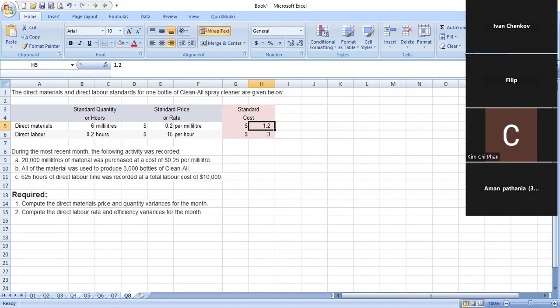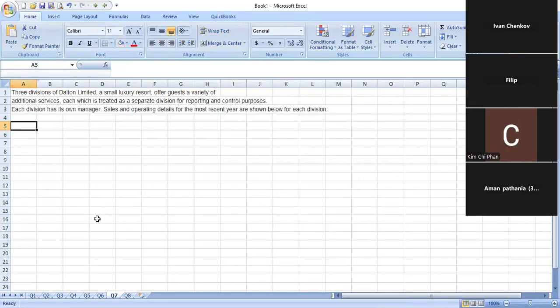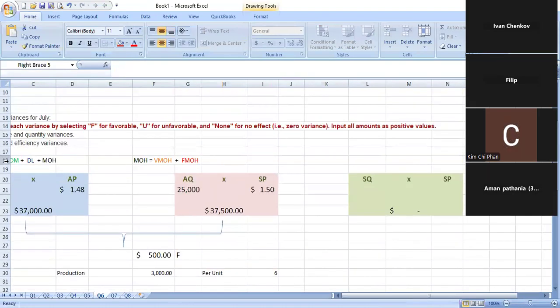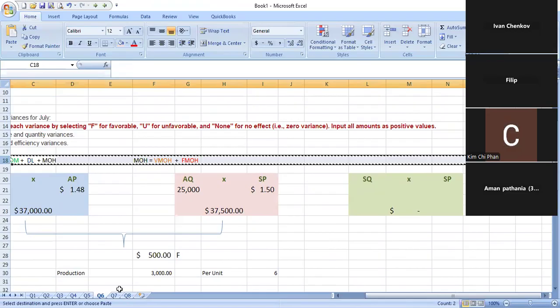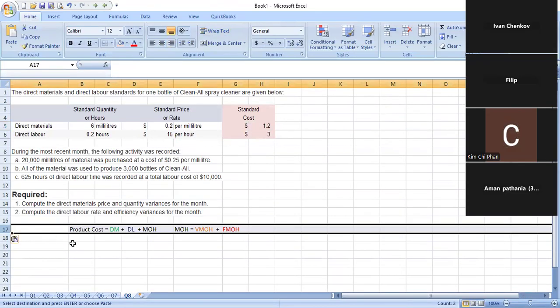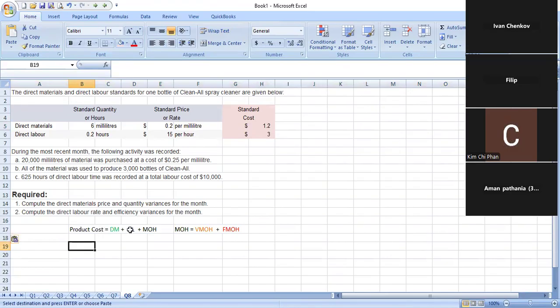So let's see now. Here in this question, obviously we have to do the variances that we have. We have to do direct material and direct labor, correct? Nothing else. So let's start one after another.